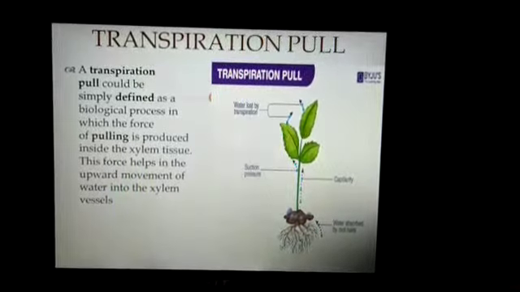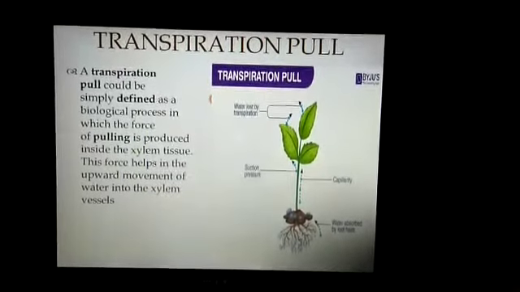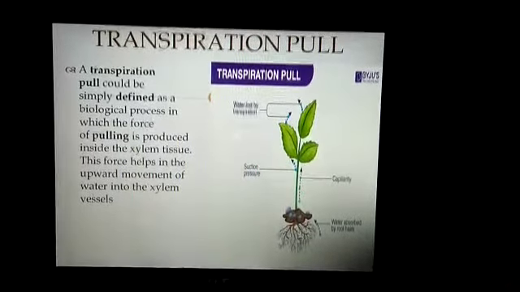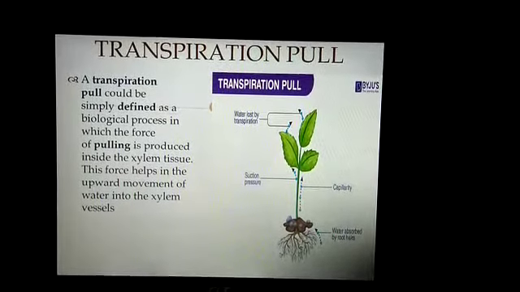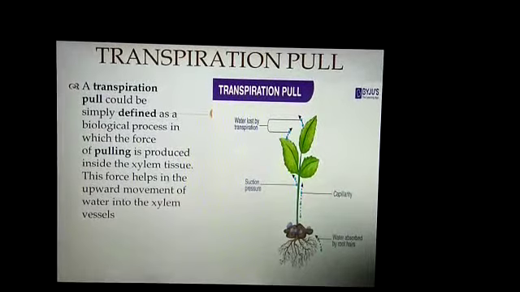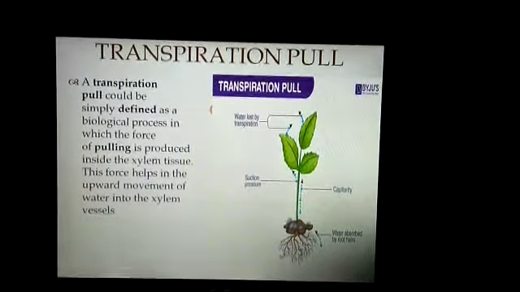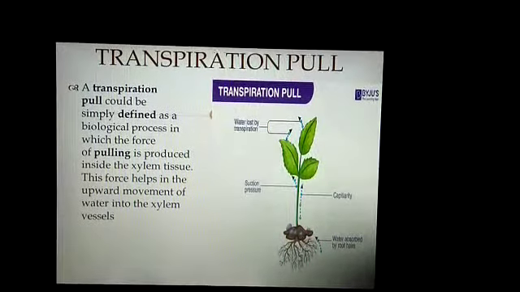Now see what is transpiration pull. Transpiration pull could be simply defined as a biological process in which the force of pulling is produced inside the xylem tissue. This force helps in upward movement of water into the xylem vessel.